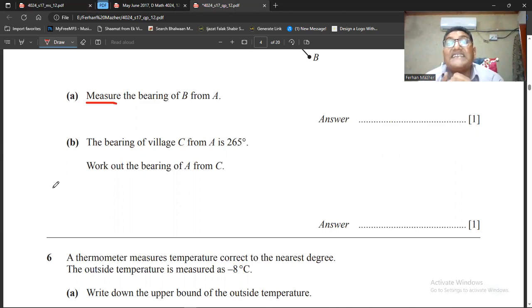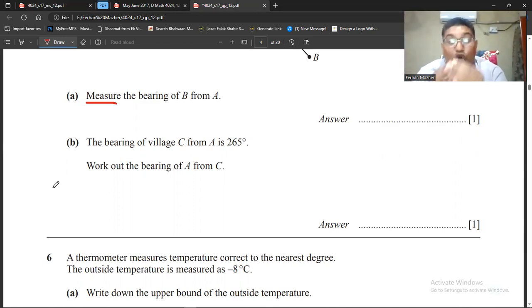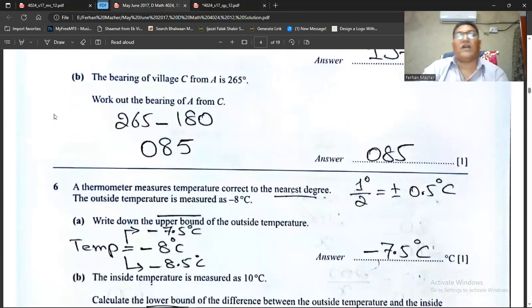If the forward bearing is less than 180, then add 180 to the forward bearing and you will get the backward bearing. So the forward bearing is 265, which is more than 180.